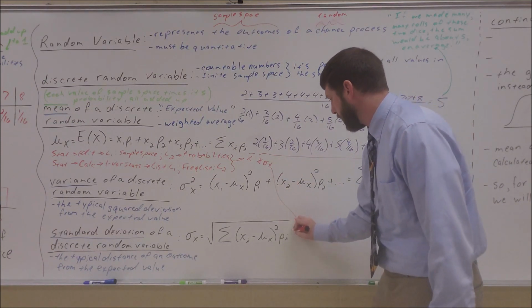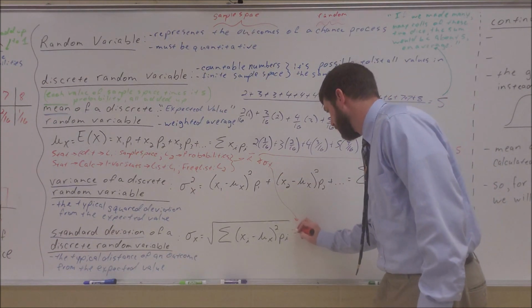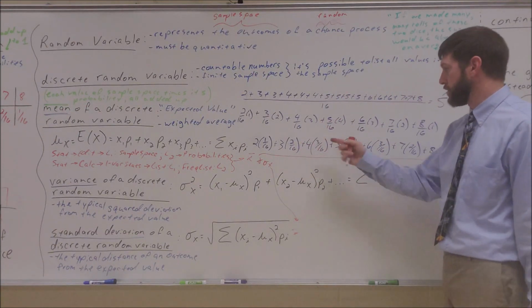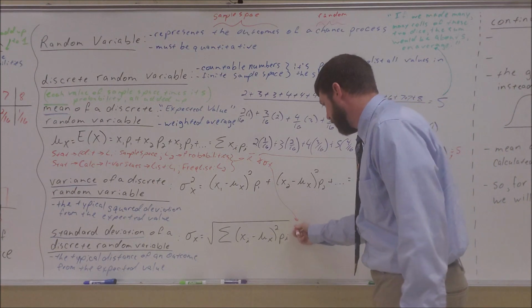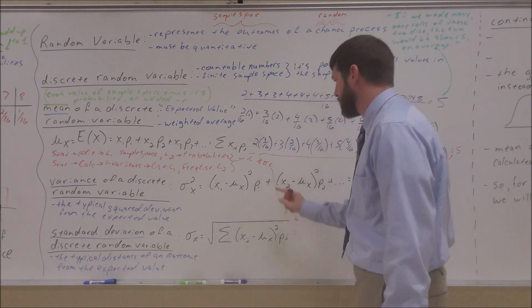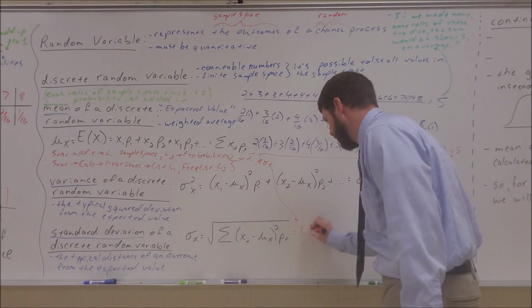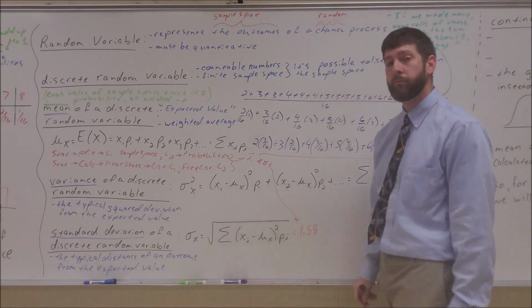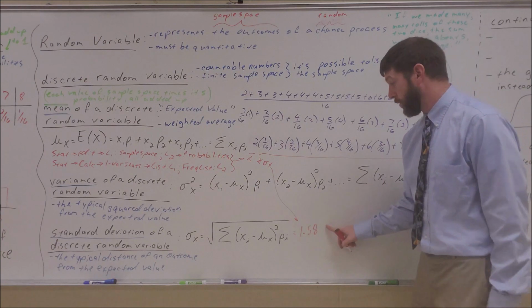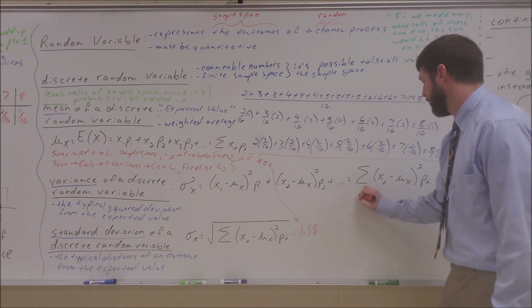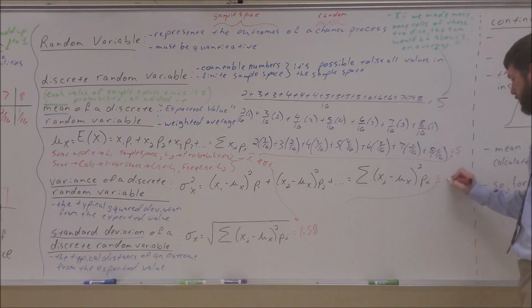And yes, we would use sigma in this case because we have the entire population of that outcome. So not only can we get x bar off of that, we can get sigma x off of it. If you'll go back to where you just tried this out and saw that it equaled 5, you'll see that sigma x equals 1.58. So then to get variance, we just square it.